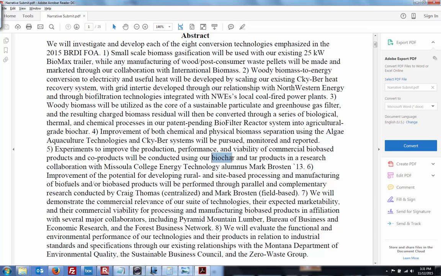Making biochar, which is for agriculture, for the USDA, making tar for a variety of other industries. There's some manufacturing, biofuels, and then we're going to do it both centralized versus decentralized, and I think you can appreciate the reason for that.